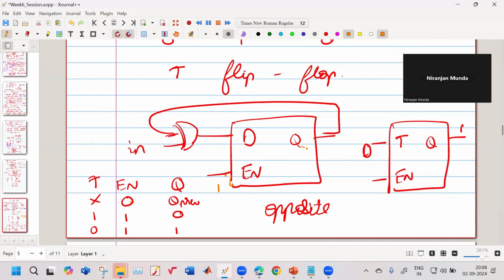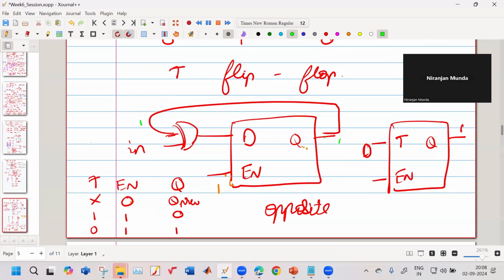Now enable is made 1. Okay, enable is made 1. Q will have some value. That value will come here. Let us say Q was 1. So enable is 1 and Q is 1.